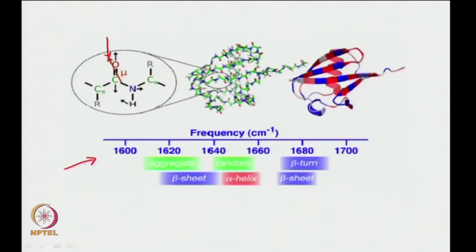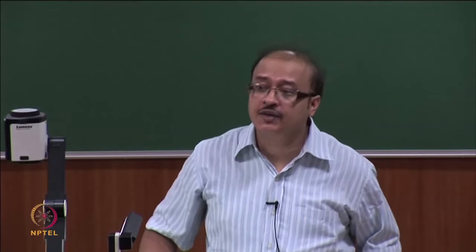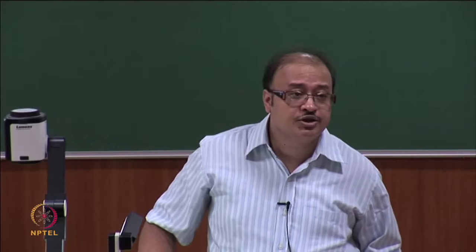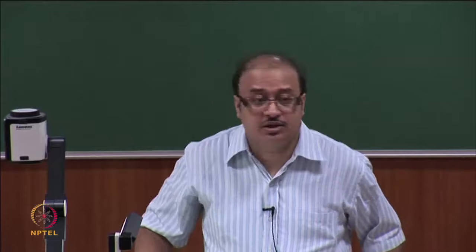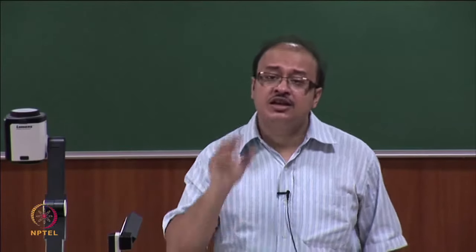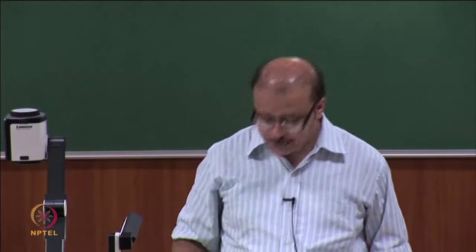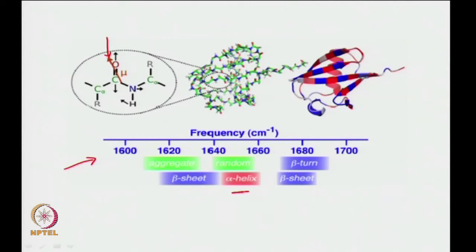See, proteins will be having different conformations, either alpha helix or beta sheet, combination of both, random coil if you would denature a protein, or if you are taking any unfolded protein, then using the amide 1 band, can I try to figure out which one is which. So, this is what it says. You can see the red one is the alpha helix. You can see alpha helix is in between 1640 to 1660 centimeter inverse.